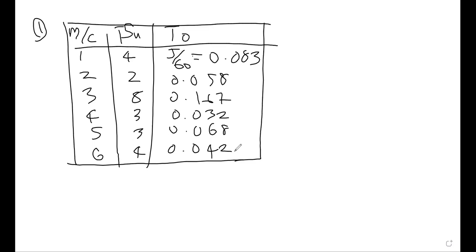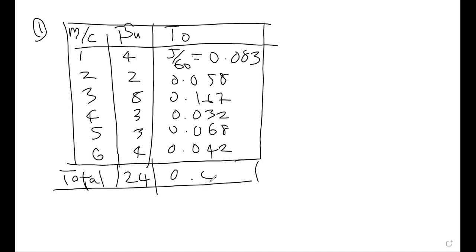So we got this table here, and then we can calculate the total. For T_SU, we total up all this time, we have 24. For T operation, we have 0.45.